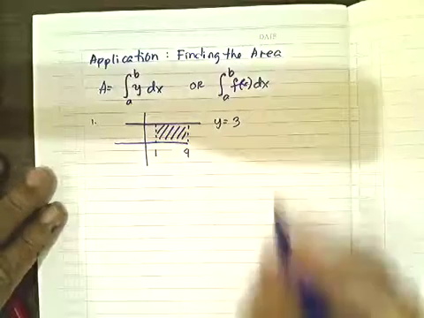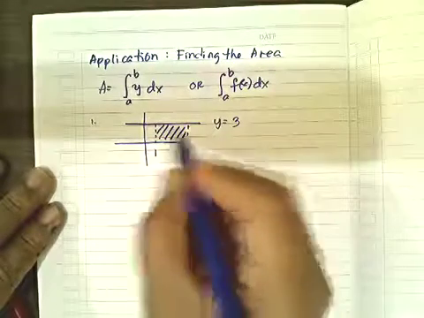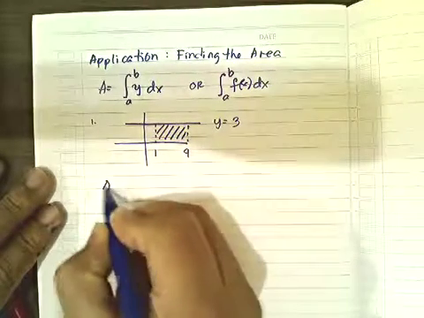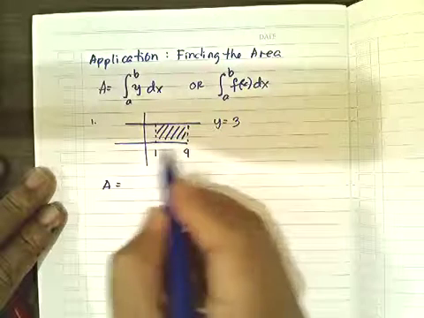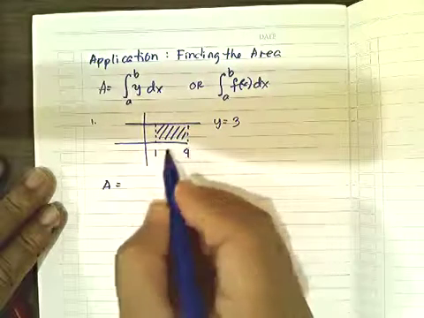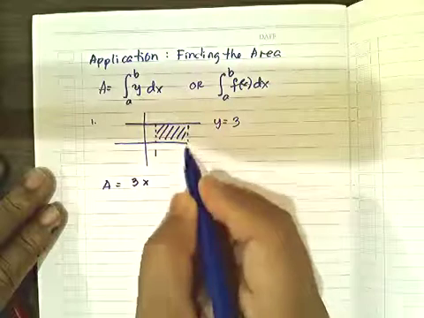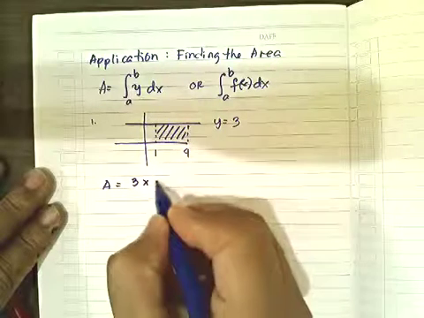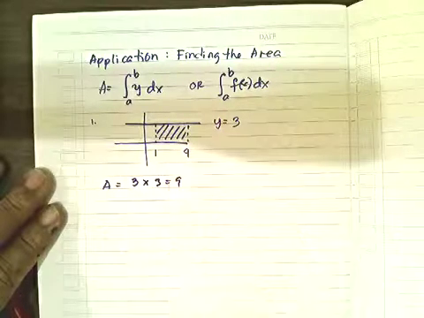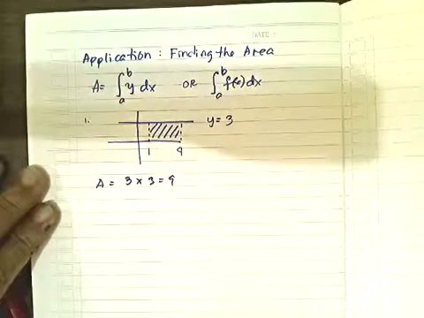By using elementary mathematics, you can see that this is a rectangle. And we know that the area of that rectangle is the base, 3 units here, times the height. The height is also 3, which is equal to 9 square units.